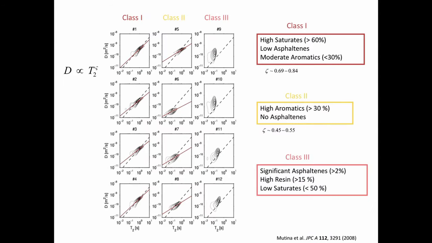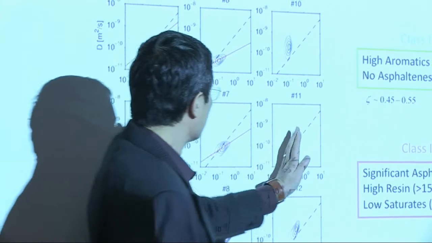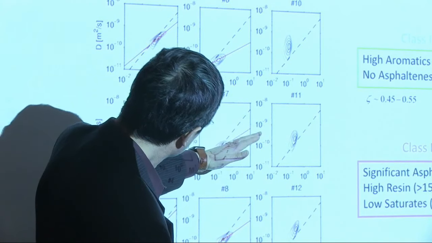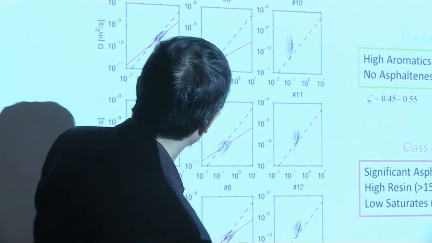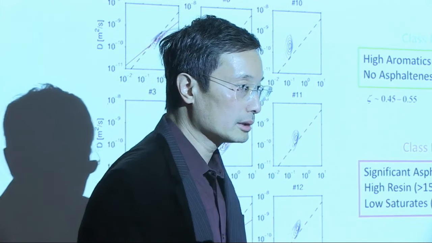So these are very quantitative, quite well-established results. But there are many other more subtle effects that are still at the research stage. If you look at details of these two-dimensional maps, the diffusion and T2, they come up with different slopes. You see these pointing up, and this is much flatter, and they correspond to grossly different oils.